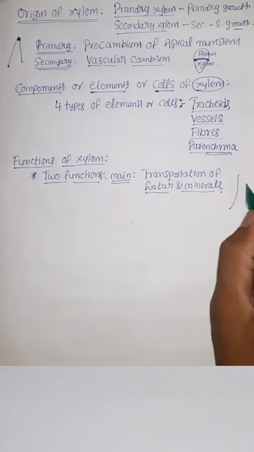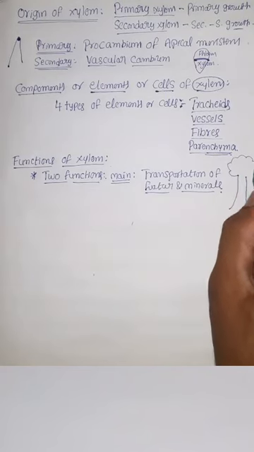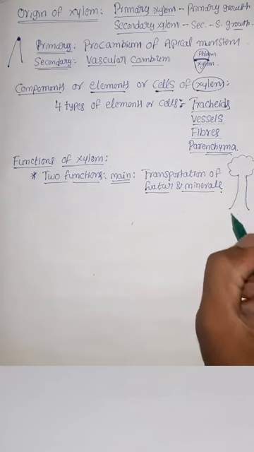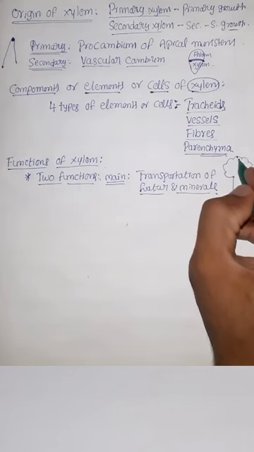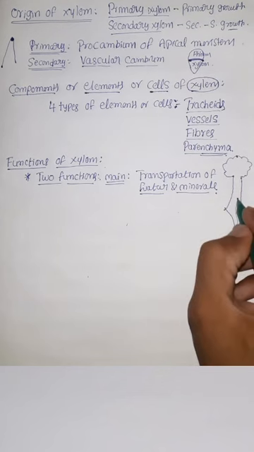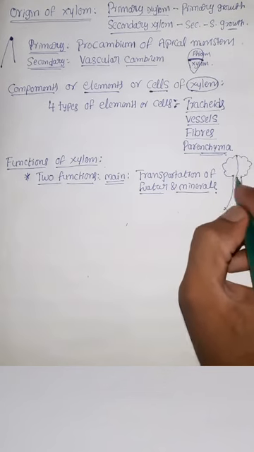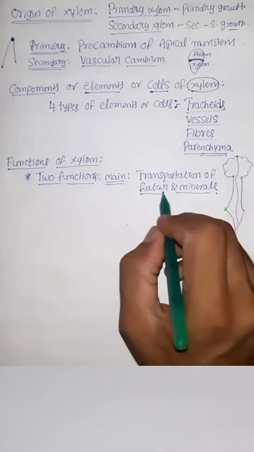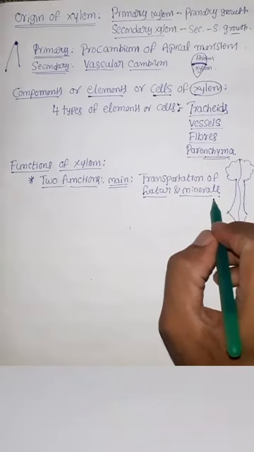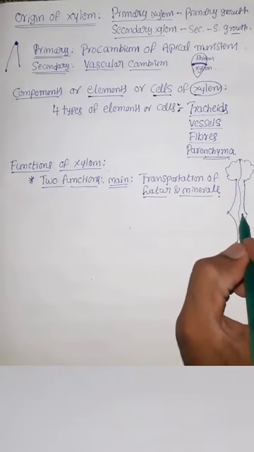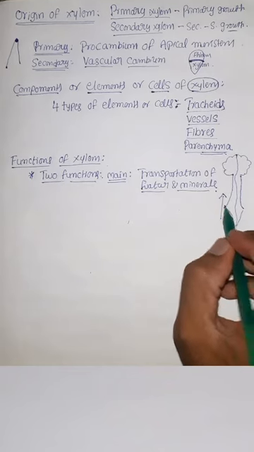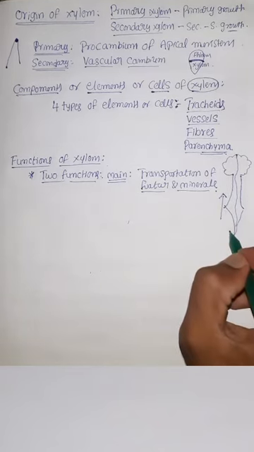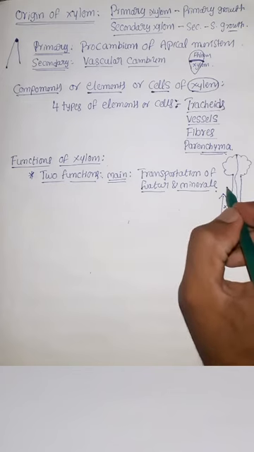Xylem and phloem are present throughout the plant body, from the tip of the root to the tip of the aerial branches. Xylem always transports water and minerals in a unidirectional way. Unidirectional means it always transports water and minerals from root to aerial parts.